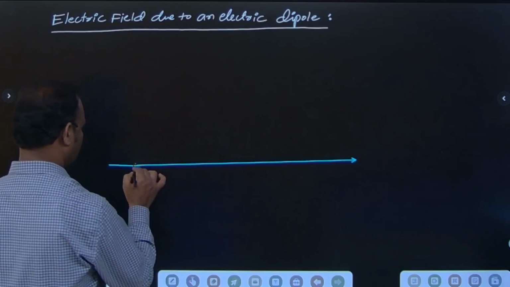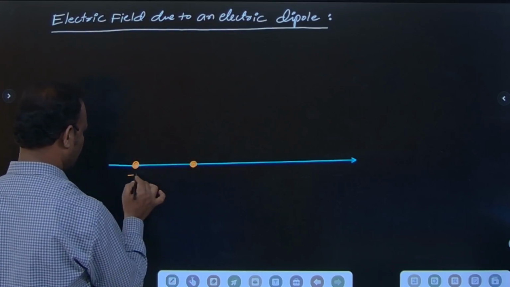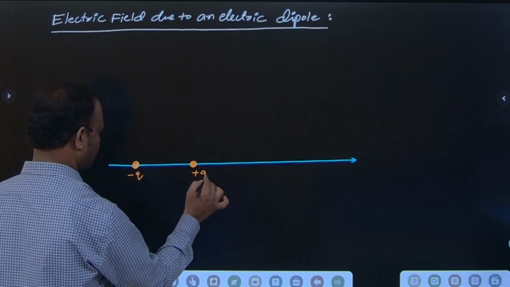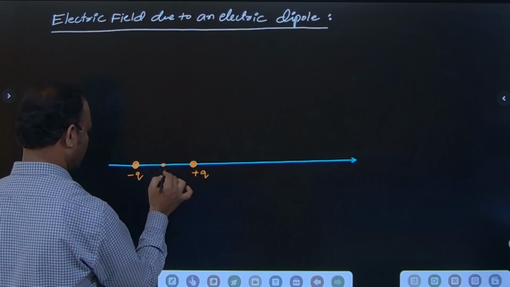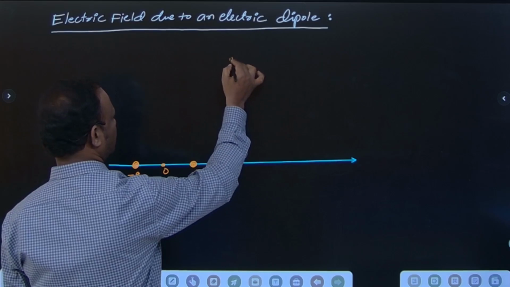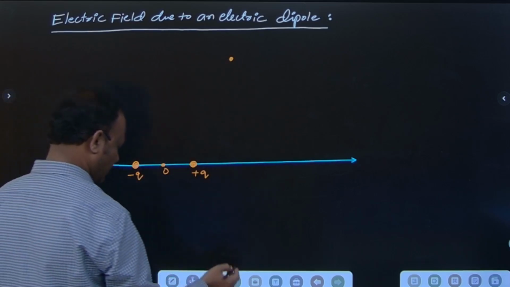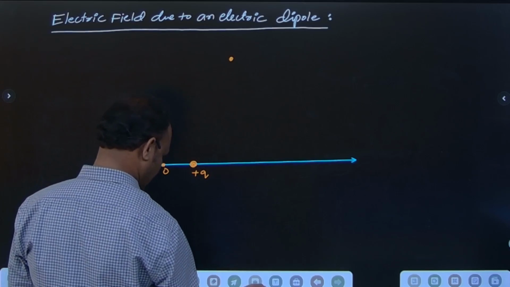The electric dipole is considered here, with minus q and plus q. Here is the center, O. I want to find the electric field at this position, which makes an angle theta with the center.